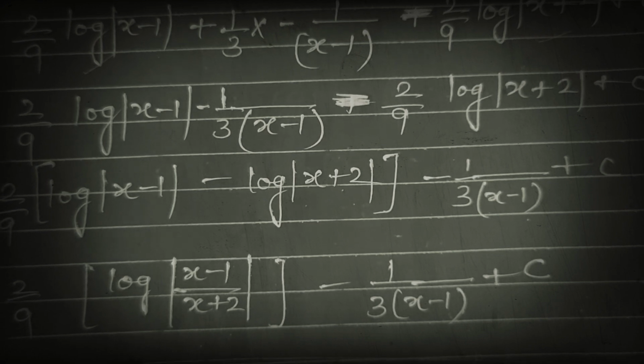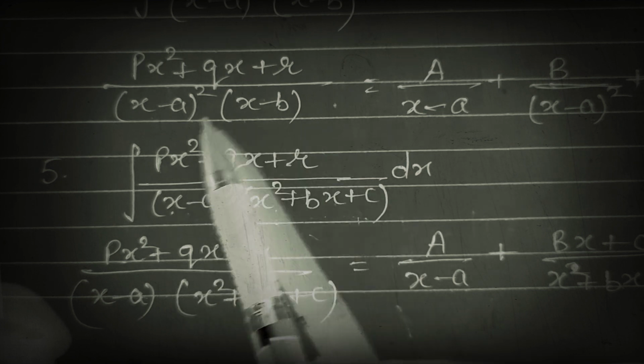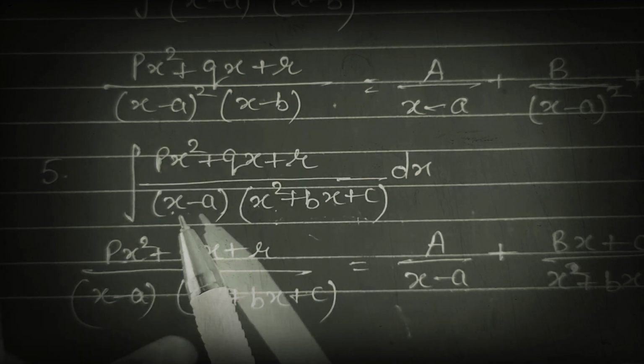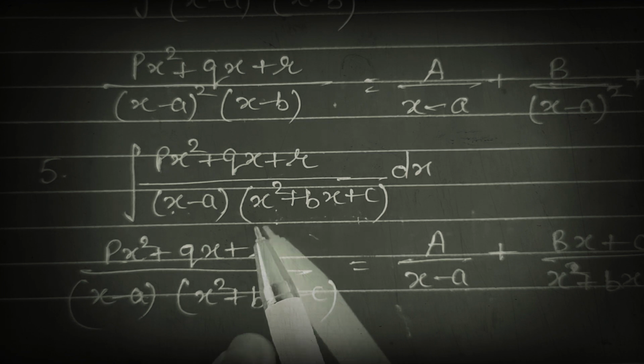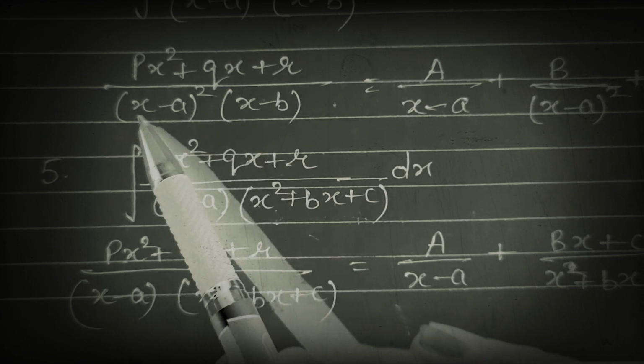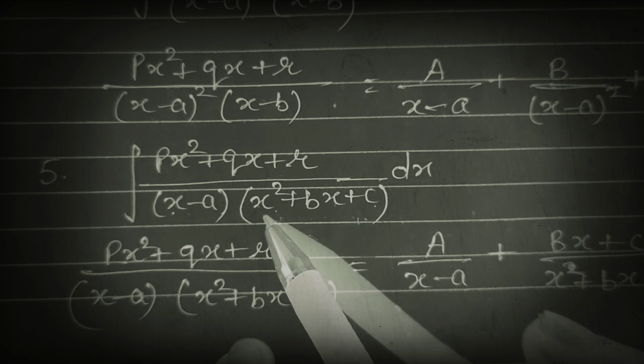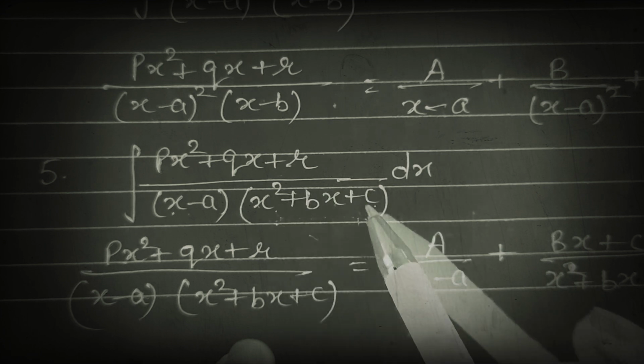Now come to the next type. If the numerator is in quadratic form and the denominator is in the form x minus a into a quadratic. This is quadratic. In the last type, this was x minus a whole square, but here it is x square plus bx plus c. Factors are not given.